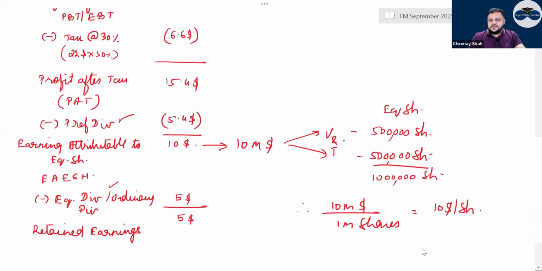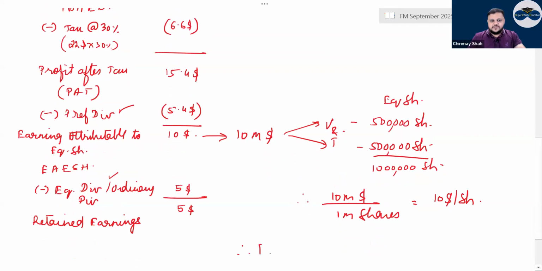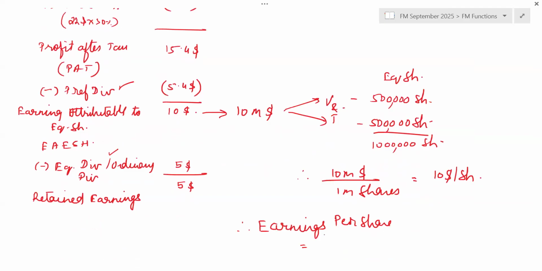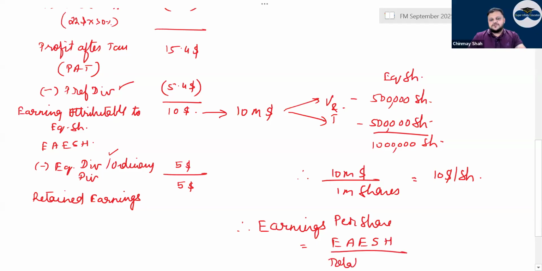Therefore, what is the EPS formula? Earnings attributable to equity shareholders divided by the total number of equity or ordinary shares.